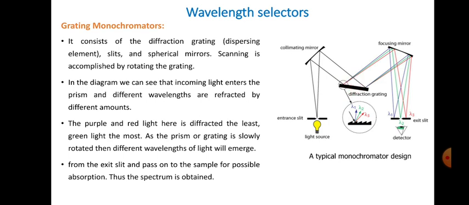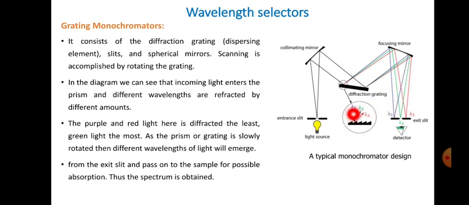When we do the scanning in the spectrophotometer, actually what is happening is the diffraction grating is moving so that a particular wavelength is passing at a particular time, and the other wavelengths will be restricted. So in the diagram what we can see is that incoming light enters the prism and different wavelengths are refracted back by different amounts.